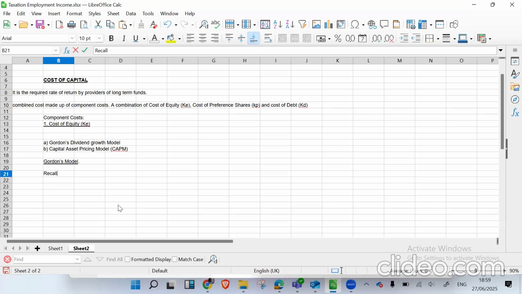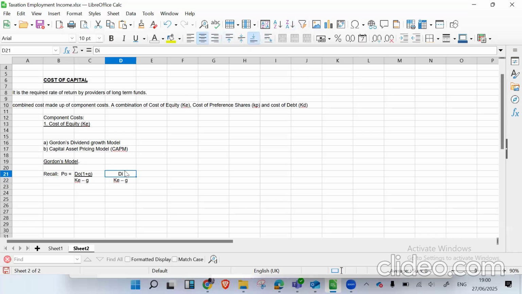So let us recall: in valuation, P0 was equal to D0 into (1 plus G), divided by KE minus G, or D1 divided by KE minus G.